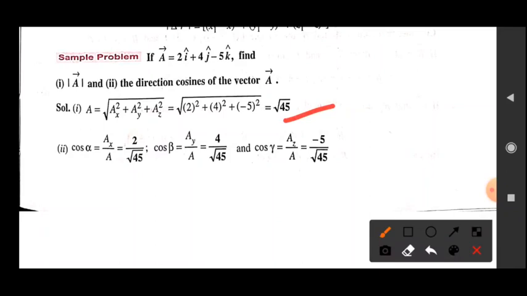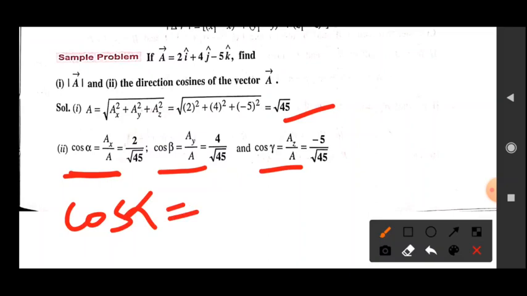The direction cosine is found from the angle between the axis, the component along the x-axis, and the vector a. Here you can see cos alpha is given by this formula. Similarly, cos beta and cos gamma can be written. In yesterday's class we discussed the direction cosines of any vector, so by these formulas you can calculate them.